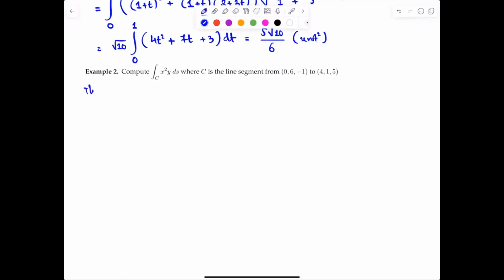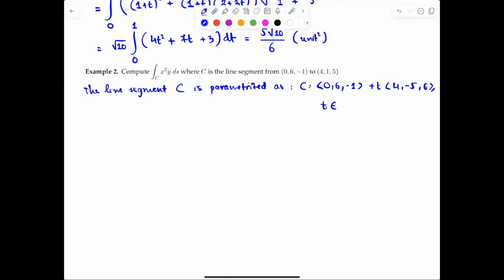So the line segment C is parameterized as C equals 0, 6, -1 plus t times 4, -5, 6, for t between 0 and 1.